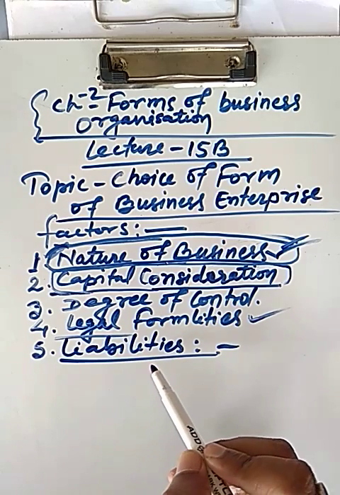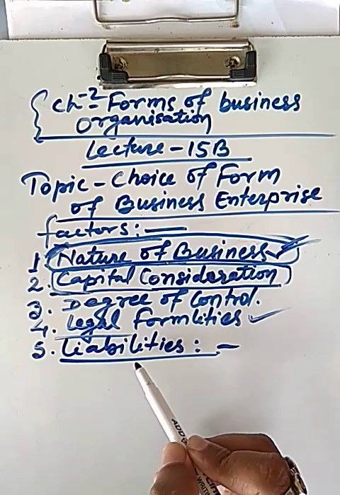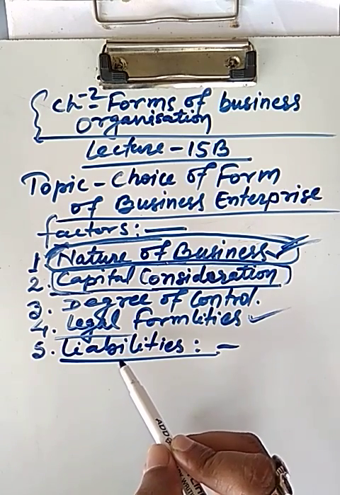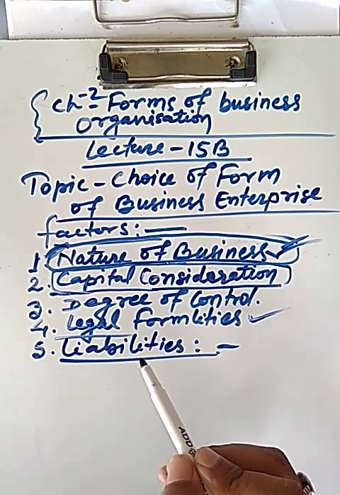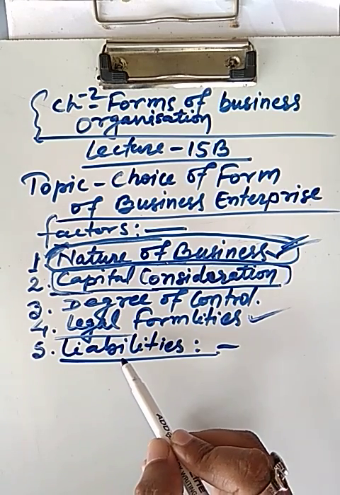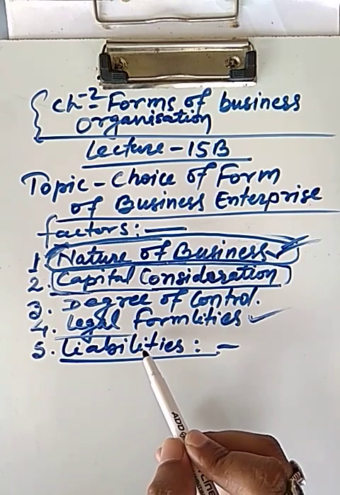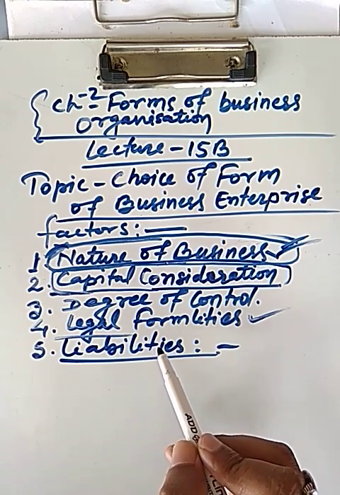For high risk ventures, people prefer company form of business or cooperative organization because liability of members is limited in company form and cooperative form.